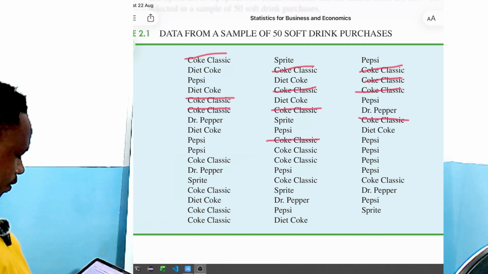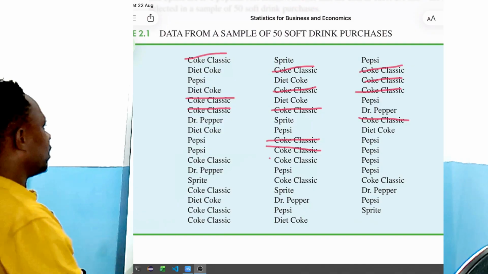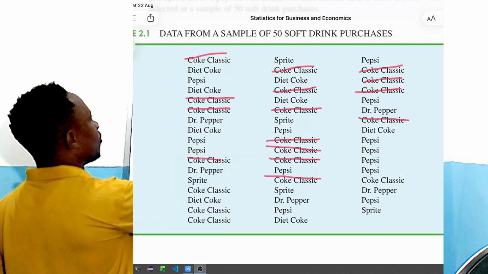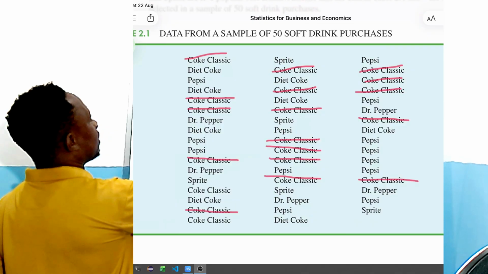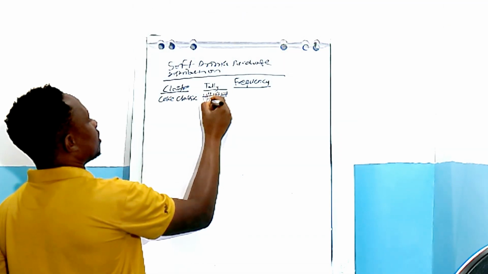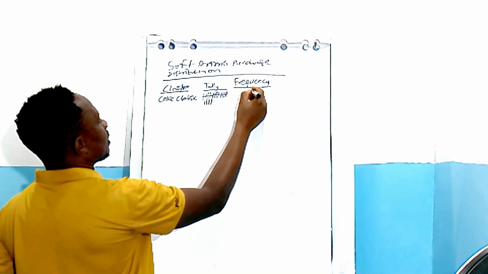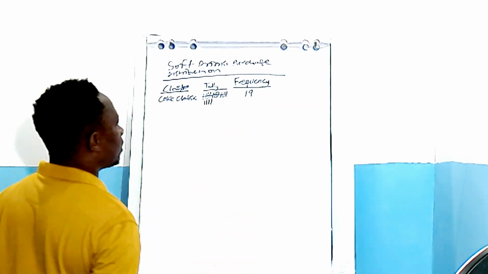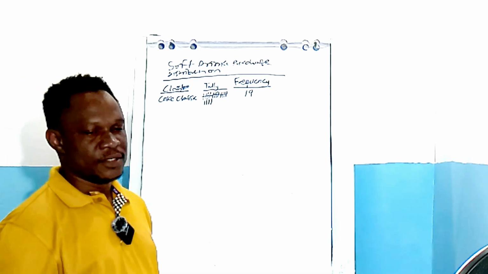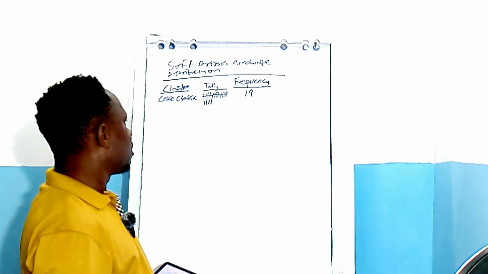So if we look all around, we have marked all of them. On the tally side, we can put the tally marks up to 19, and on the frequency side, we can just put 19. So the Coke Classic frequency is 19. That is, 19 of the soft drinks from this purchase were Coke Classic.